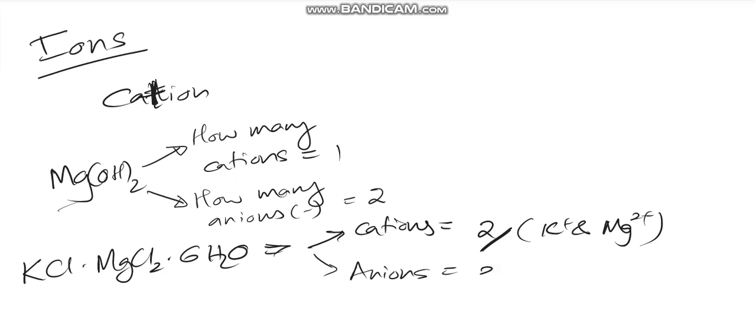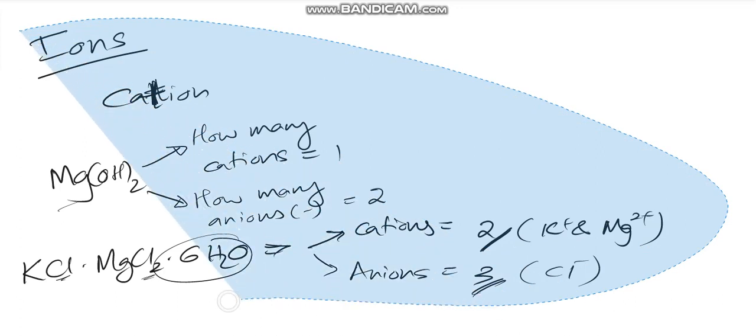We have 3 anions, all of them are chloride. You have 1 anion here and 2 here. Water is not an anion or a cation, it's just a molecule. So ions are like that. Okay, so that's what we learned about atoms and ions. So let's move to the next part.